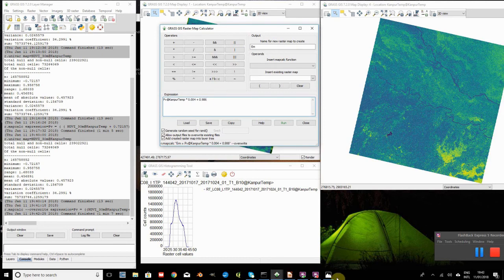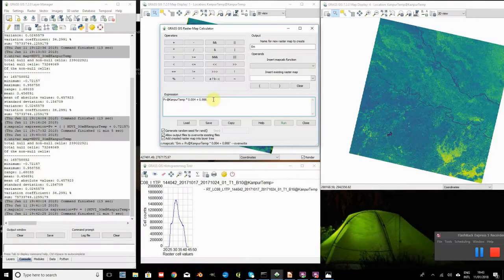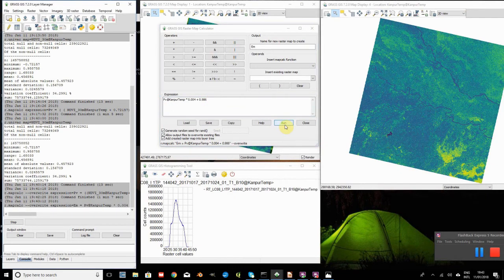Is that correct? Just checking. Yes, 0.986, multiply, plus. Okay, and that's our estimate of emissivity. It's writing. The ratioing actually took 1 minute to calculate on a fairly fast computer, so you can expect these calculations to take a while. Right, now we've got our emissivity calculated.